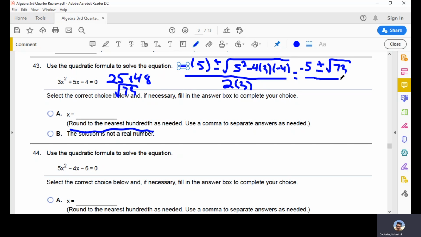And 2 times 3 is 6. Okay, you're ready to break this into two pieces. -5 plus the square root of 73 divided by 6. And -5 minus the square root of, oh, that one did not come out right.